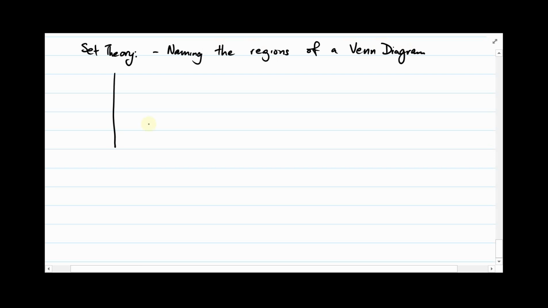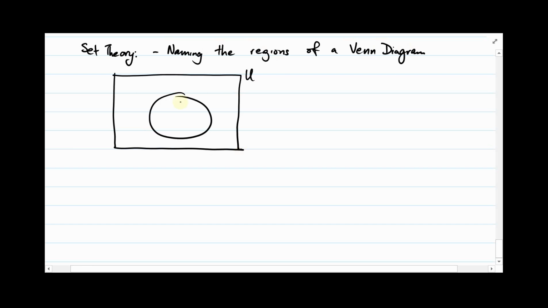Right, so let's start off with our easiest Venn diagram, which is a single set, set A. If we're in here, we're in set A, but if we're on the outside, we're not in set A. And to represent not being in set A, this is known as a complement.